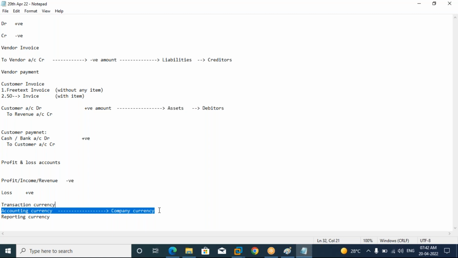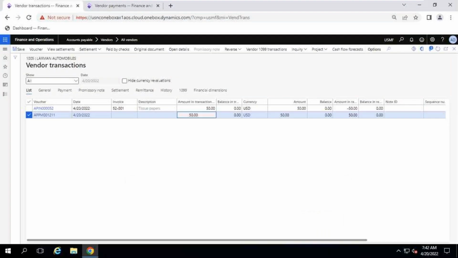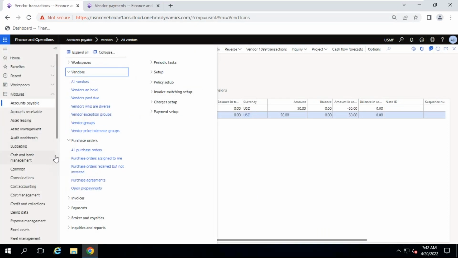If you are located in Malaysia, Malaysian ringgits. If your company is located in Oman, Omani riyals. If it is Bahrain, dinars. Okay, so for a company, you need to inform what is the accounting currency. So where can we inform that? In the general ledger module.